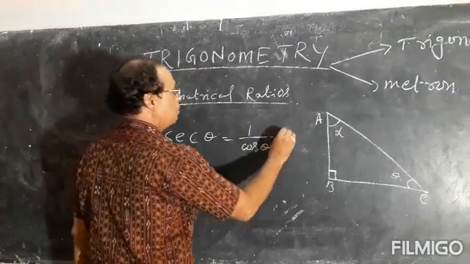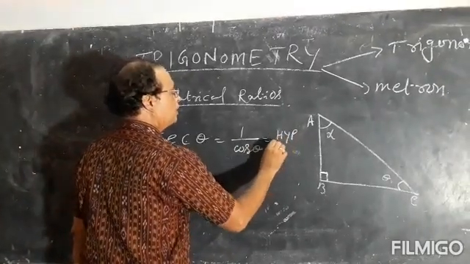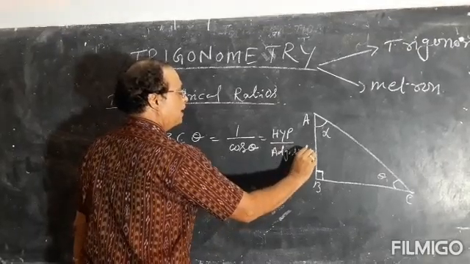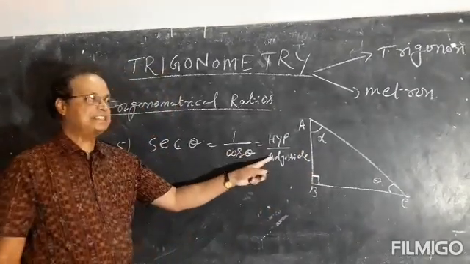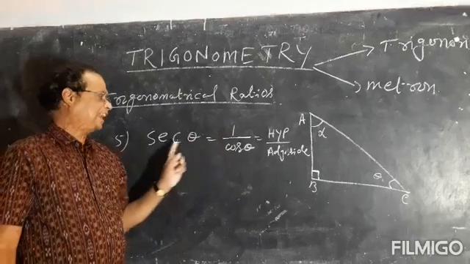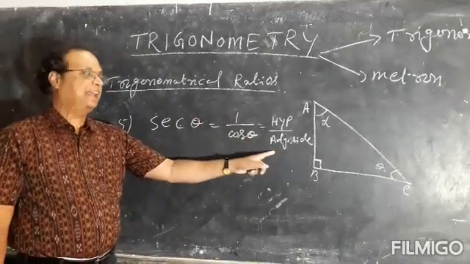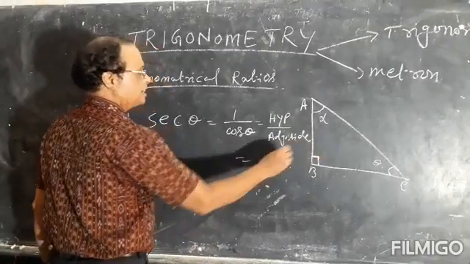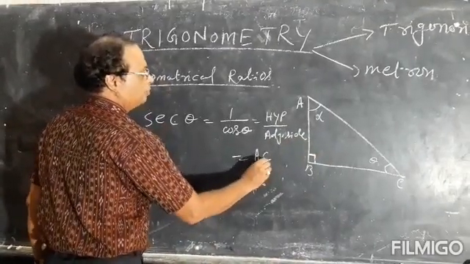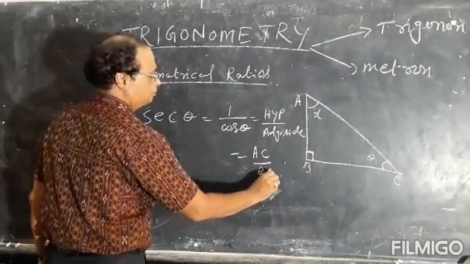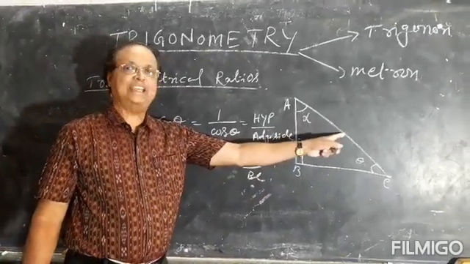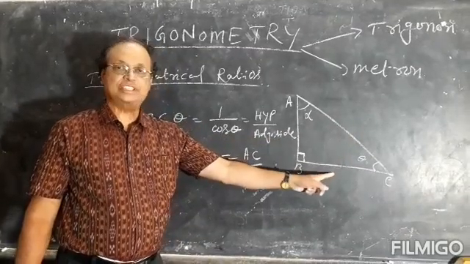That is hypotenuse by adjacent side. Cos is adjacent side by hypotenuse, so sec is hypotenuse by adjacent side. In this diagram, cos theta is adjacent side BC by AC, so sec theta is AC by BC.